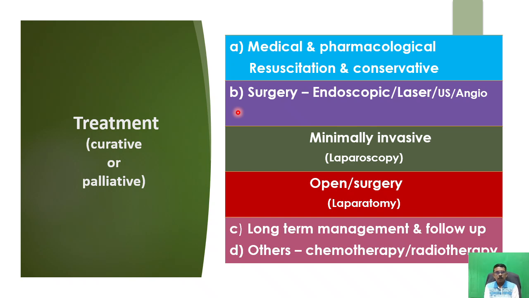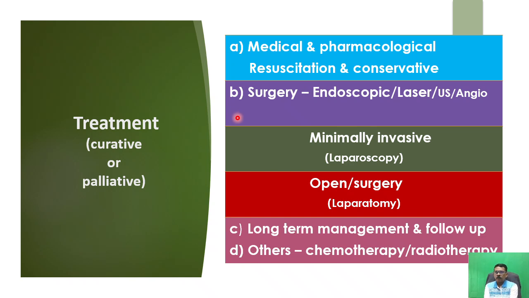Endoscopic surgery is minimally invasive, and then minimally invasive surgeries like laparoscopic procedures, and then finally open surgery, which in most cases in surgery is laparotomy. So if possible, we do the least invasive, that is endoscopy, followed by laparoscopy, and finally, if everything fails, laparotomy may have to be done.